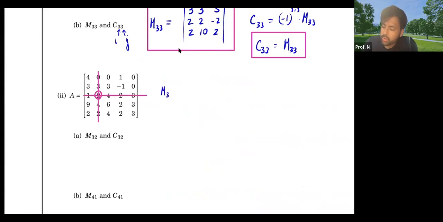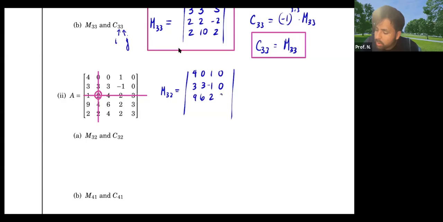So M32 would be the determinant, and again, I'm using the straight lines to denote determinant, of 4, 0, 1, 0, 3, 3, -1, 0, 9, 6, 2, 3, and 2, 4, 2, 3.